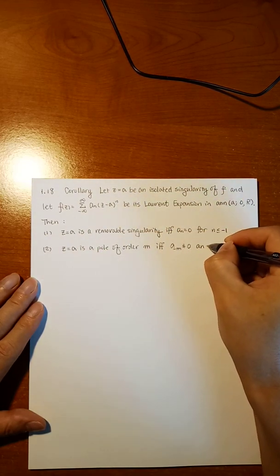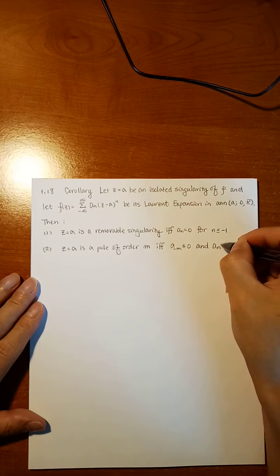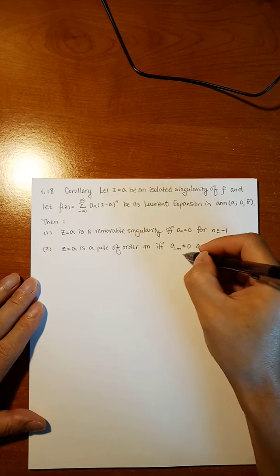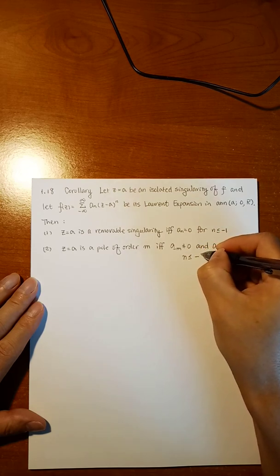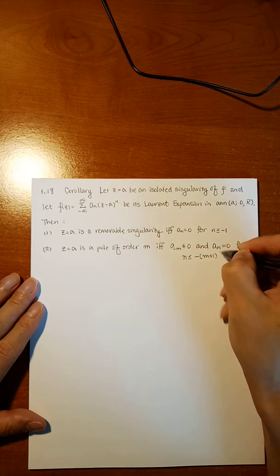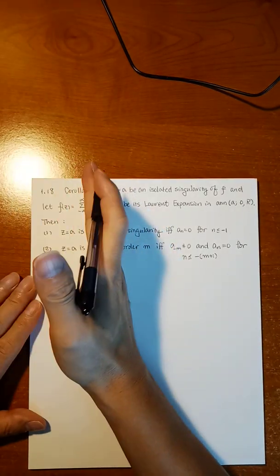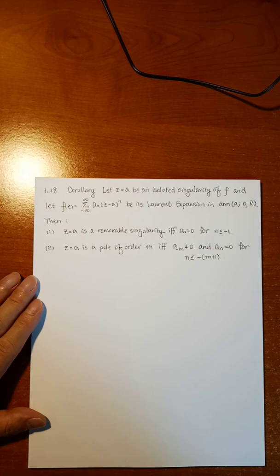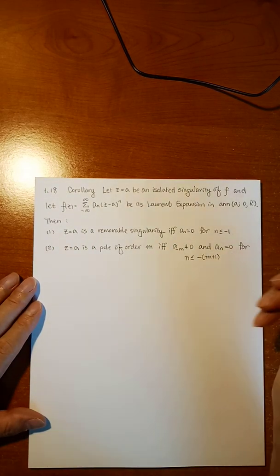And a sub n is equal to 0 for all n less than or equal to negative m minus 1. You cut it here, and after negative m, the left part will always be 0, a sub n.